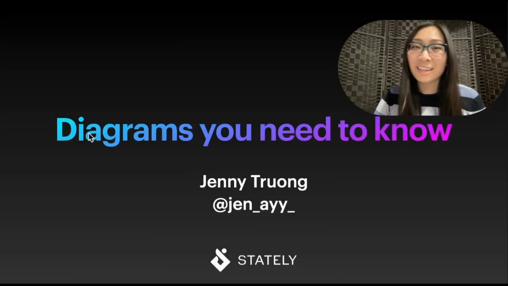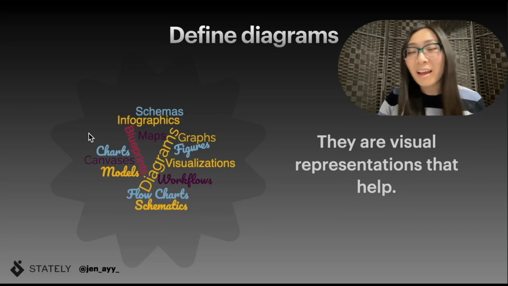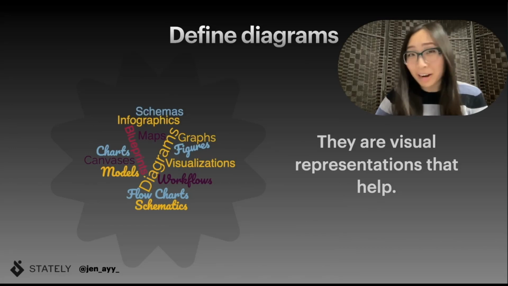In this talk, we're going to learn about the diagrams that you need to know. If there's one thing that you will remember about me in this talk, it's not diagrams, but it's the fact that I absolutely love donuts. So let's dig into diagrams. You may know them as maps, workflows, schemas, infographics, blueprints, canvases, models, flowcharts, or even graphs.